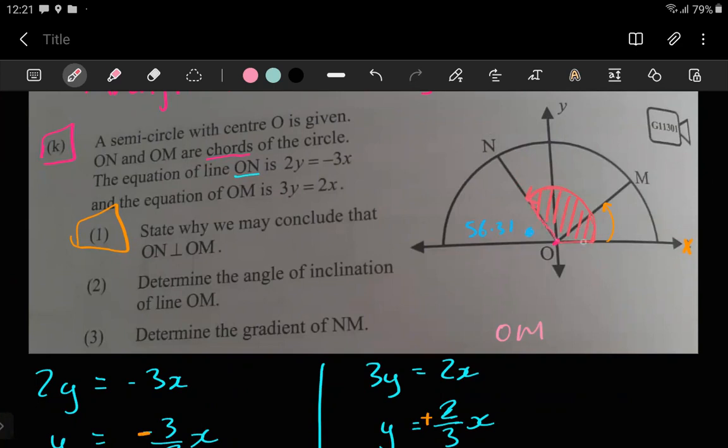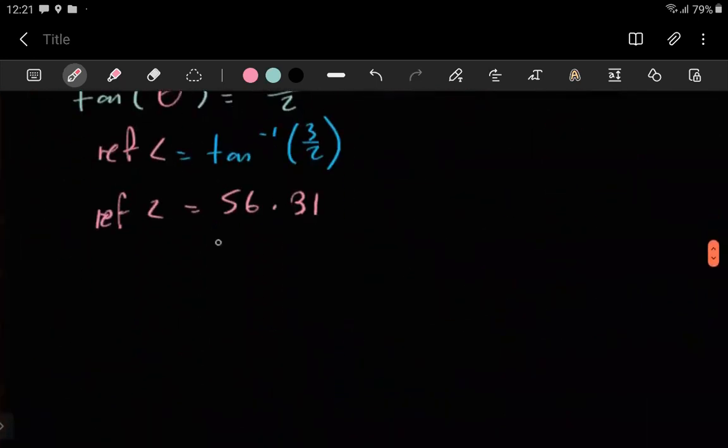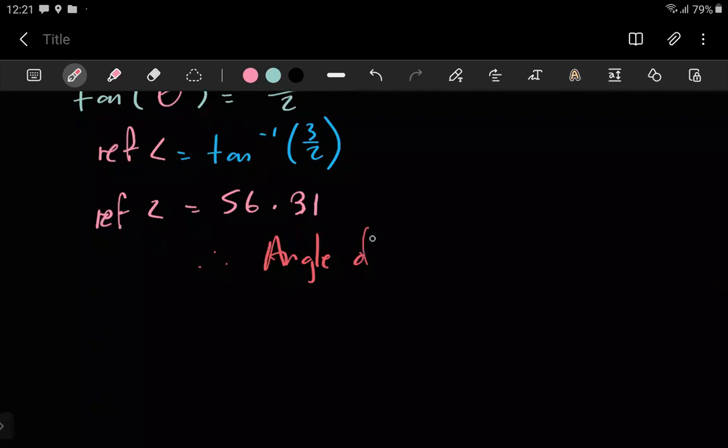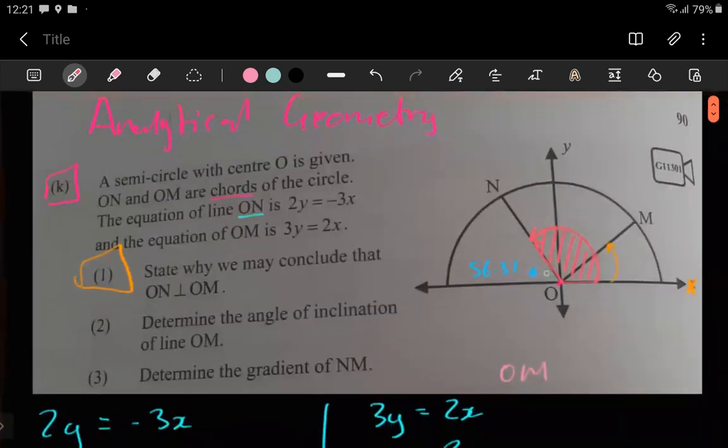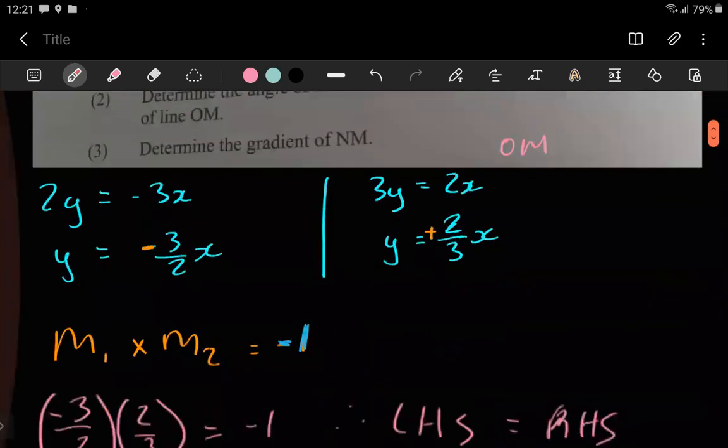So that angle there, we can then say, therefore, the angle of inclination is equal to 180 minus the 56.31, because you're just supposed to use it as a point of reference, of which between the two sides, this is the side that's the acute angle.